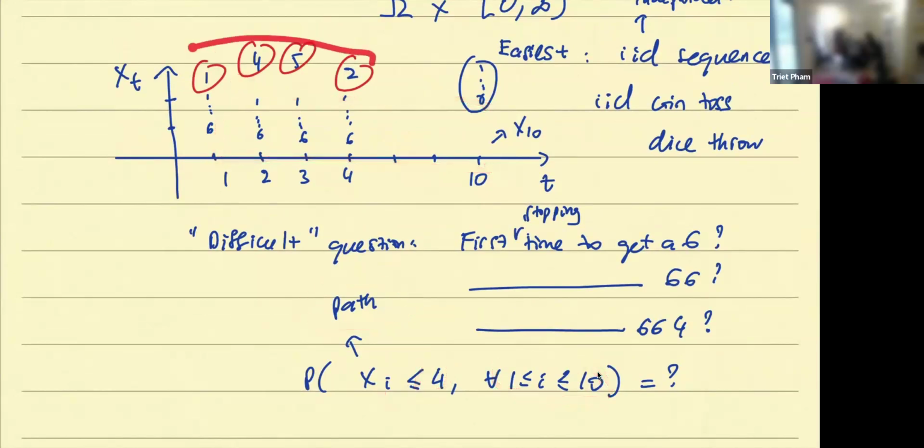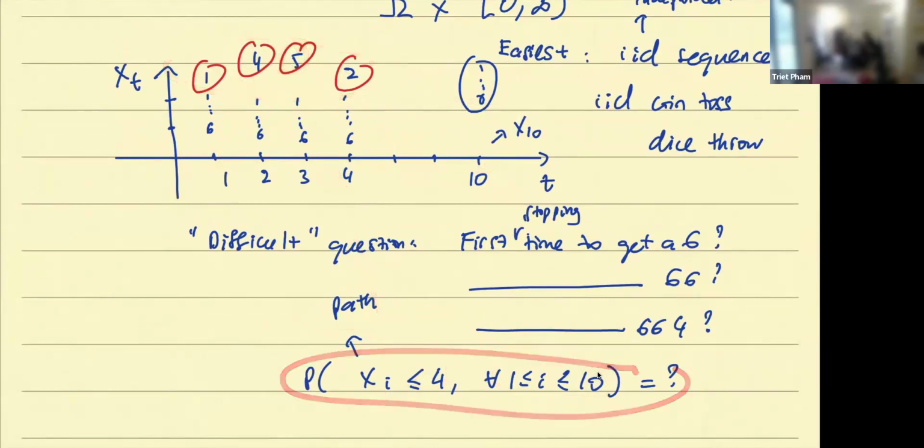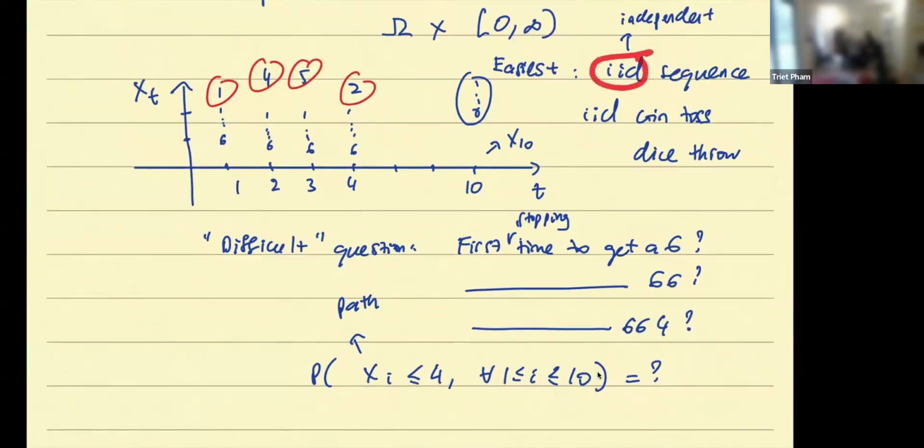Notice with the example I'm doing here, that's not satisfied because we have a value that is 5, for example. Again, this is pretty easy to write down. But if you haven't done this kind of problem before, it'll take you maybe a couple of minutes, hopefully a couple of seconds, to think about. Still, the IID nature makes things easy. You can still pose challenging questions, but still relatively easy.